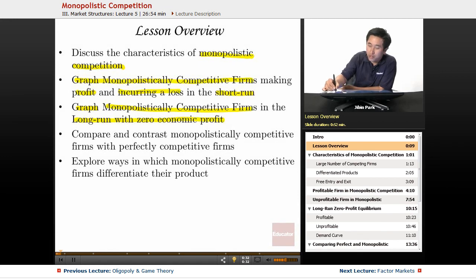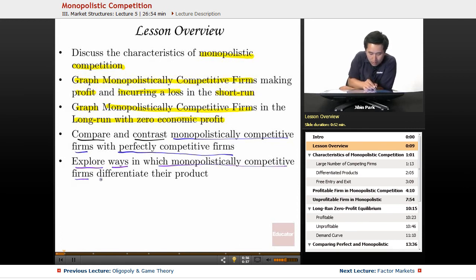So there's going to be three different graphs we're going to look at and examine in terms of monopolistically competitive firms. And then we're going to compare and contrast monopolistically competitive firms with perfectly competitive firms, so scenarios with perfect competition versus monopolistic competition. And finally, we're going to explore ways in which monopolistically competitive firms differentiate their product.